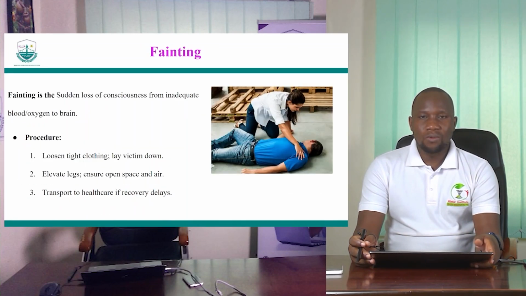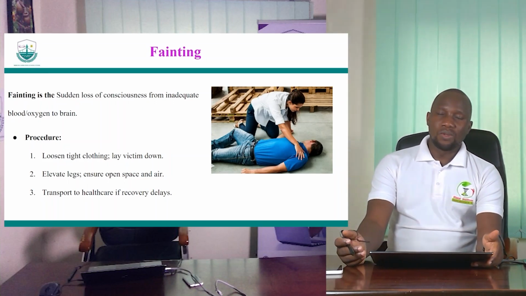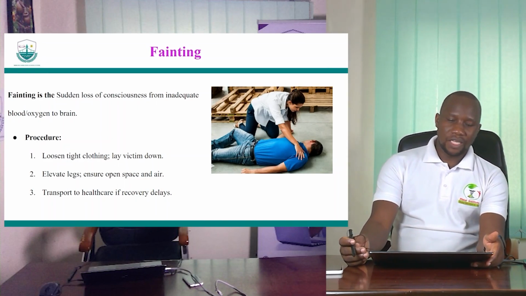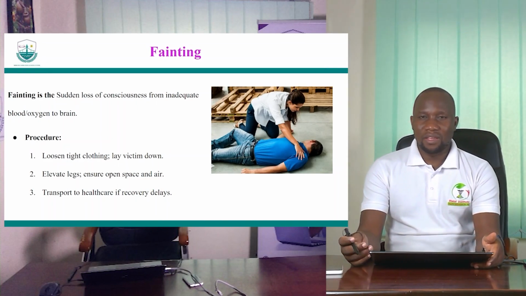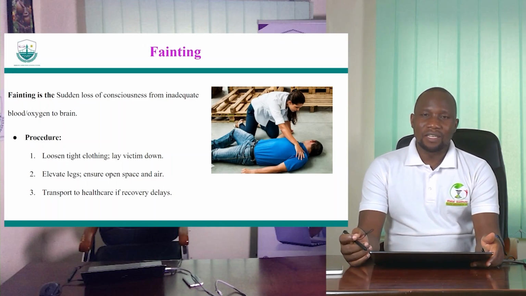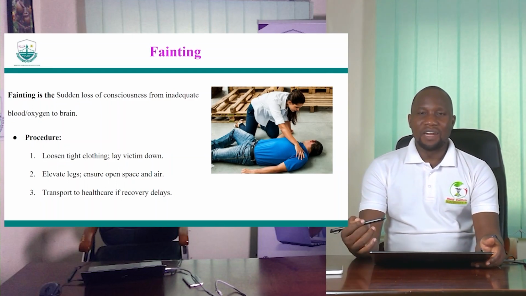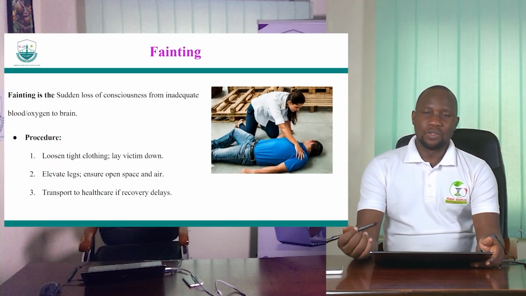Find someone who has lost consciousness suddenly. They are not aware of what is happening. It means they have lost consciousness. This is what we call fainting, sudden loss of consciousness because of inadequate supply of glucose, of oxygen, or supply of blood. Of course, blood carries the nutrients plus oxygen.